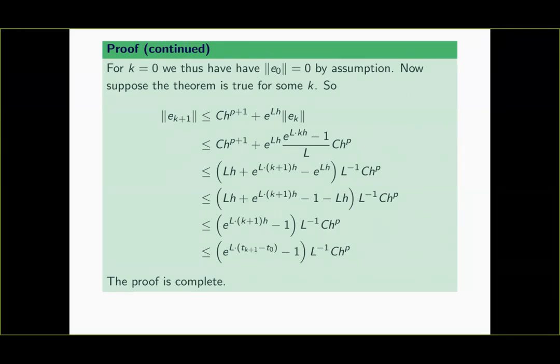Okay, let's factor out 1 over L and h to the p. So I can rewrite this as L times h plus exponential of k plus 1 times h minus exponential of LH, and then multiplied with L to the inverse times c times h to the p. That's just some algebraic manipulation.